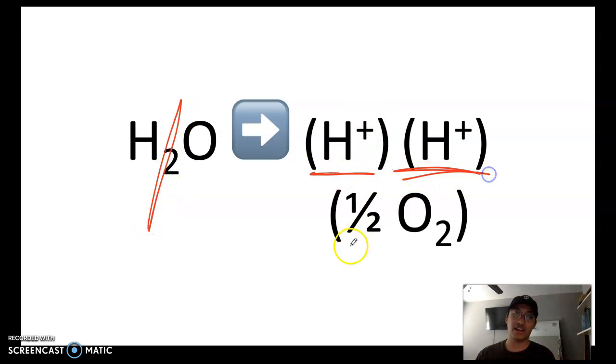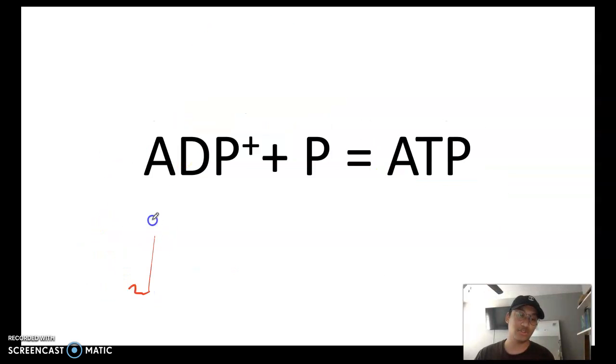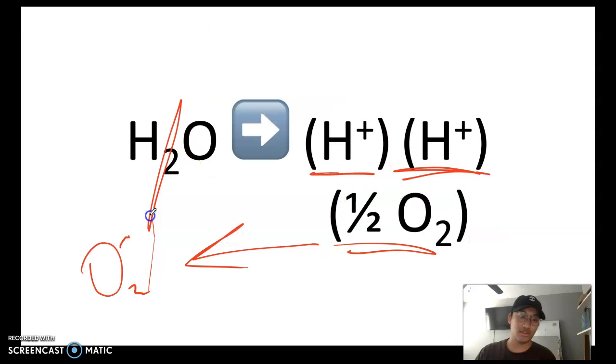You have two hydrogen ions and half of an oxygen, which forms with another half of an oxygen to form O2. Sorry, my pen got a little crazy, but it forms O2. O2 is one of the byproducts of photosynthesis, and we as humans use O2 to breathe. It's oxygen, crucial to us.